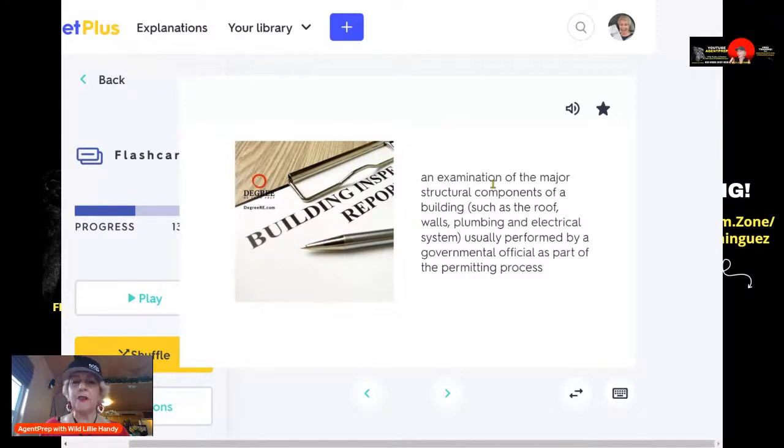Someone has to go from the city and examine the construction of the property, the plumbing, the electrical, the roof, and see if they can permit it to be occupied. What is that process called, or that examination? Type your answer in the chat.